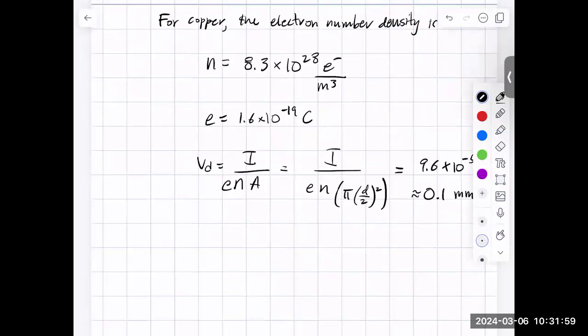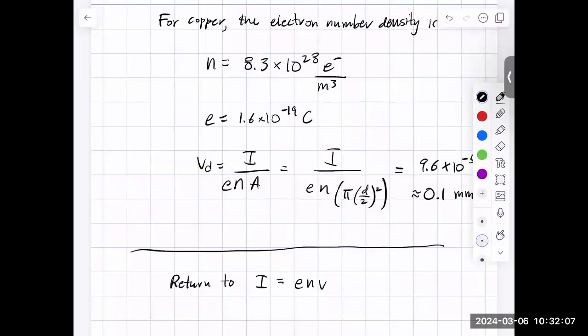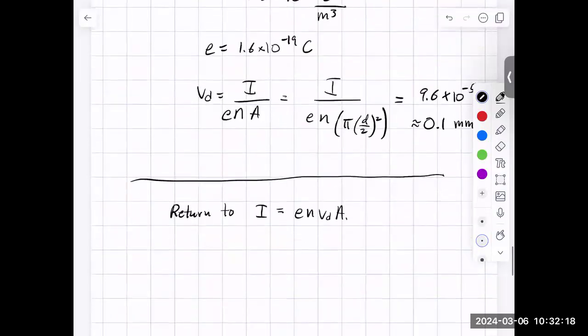So what I want to do is return to this new expression for the current that we just worked out, N times drift velocity times cross-sectional area. What I want to notice about this is that this expression for the current depends on the geometry of the wire, the cross-sectional area.